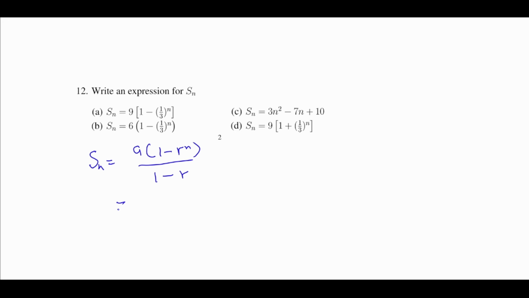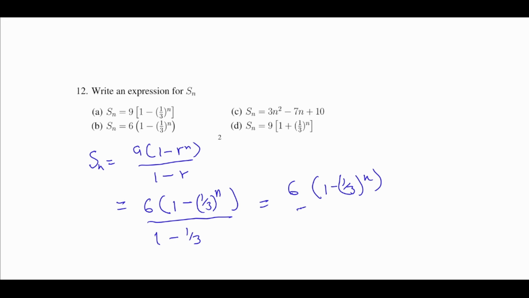So we have 6 bracket 1 minus our r, which is 1 over 3, all to the power n, all over 1 minus 1 over 3. Now to simplify, this is equal to 6 bracket 1 minus 1 over 3 raised to the power n, all over 2 over 3.